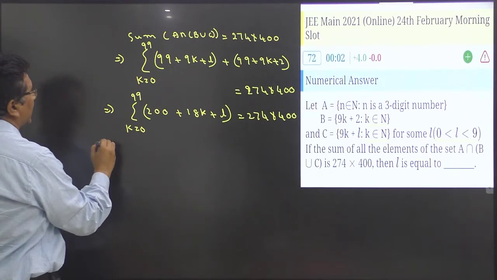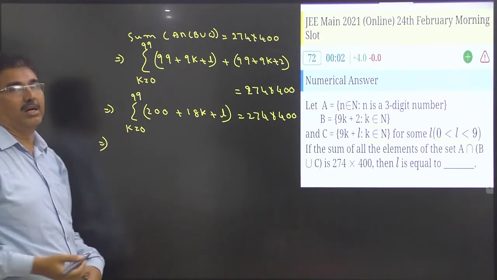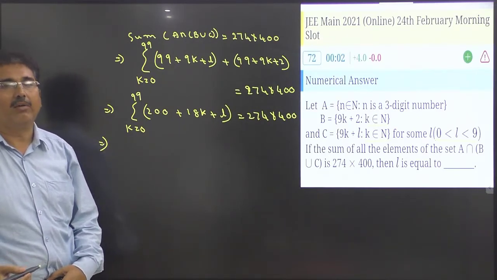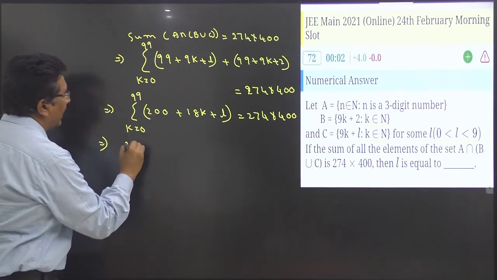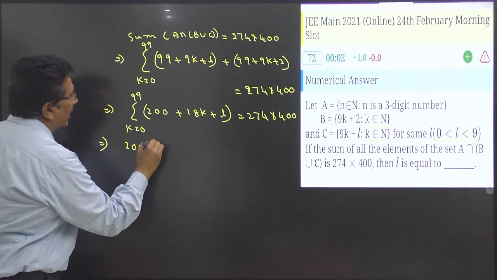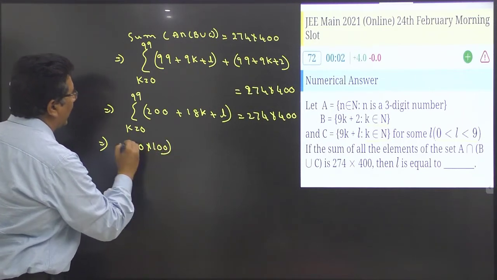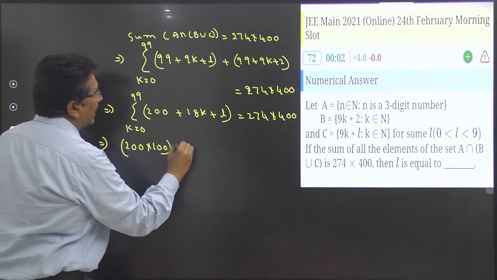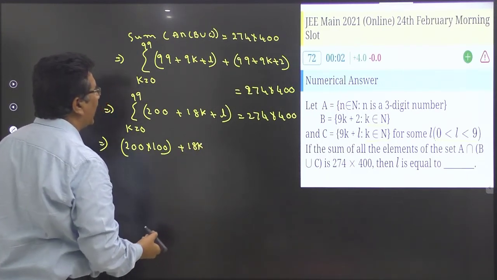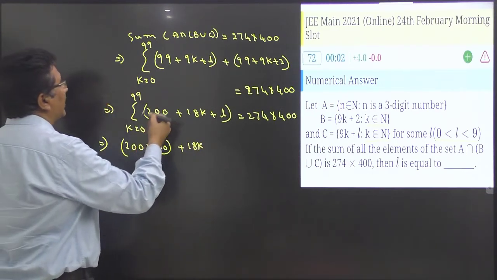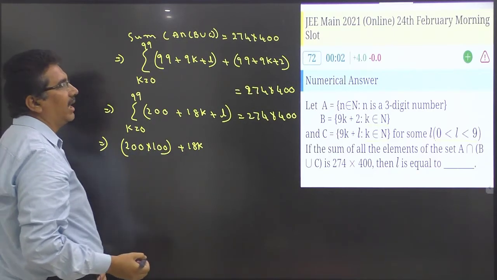That implies, applying sigma to each term of the LHS, 200 into 100, plus 18 into sigma k, k equal to 0 to 99.